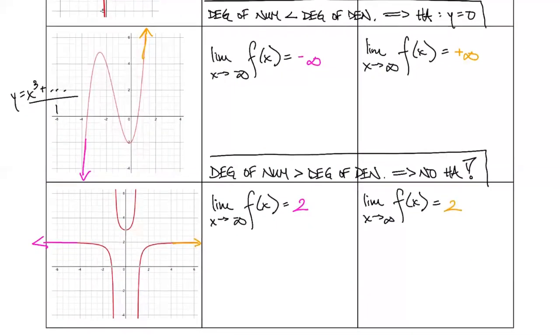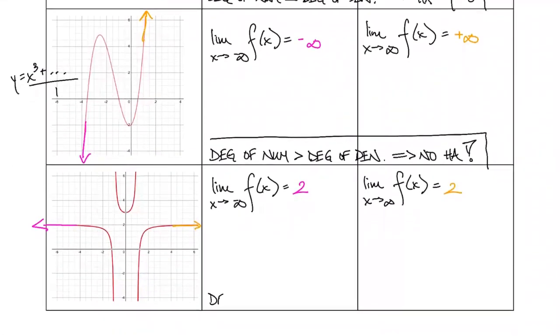So if you remember these rules from pre-calc, you might remember that the degree of the numerator is equal to the degree of the denominator. Then you have a horizontal asymptote at y equals, and you have to divide coefficients. All right, so you have your leading coefficient on the top and your leading coefficient on the bottom, and you divide those. And in this particular graph, when you divided them, you got 2, which is why that end behavior is also 2.